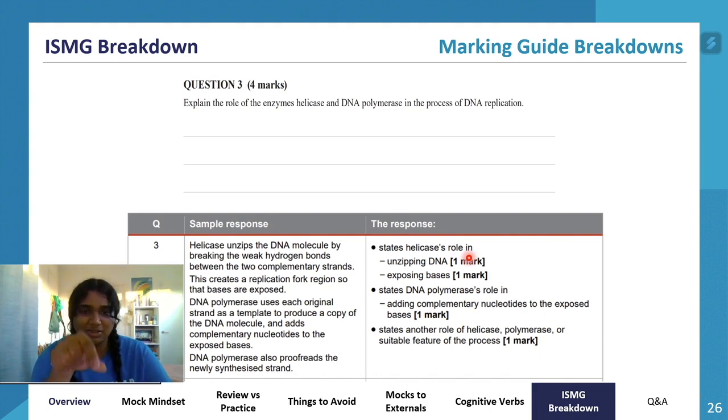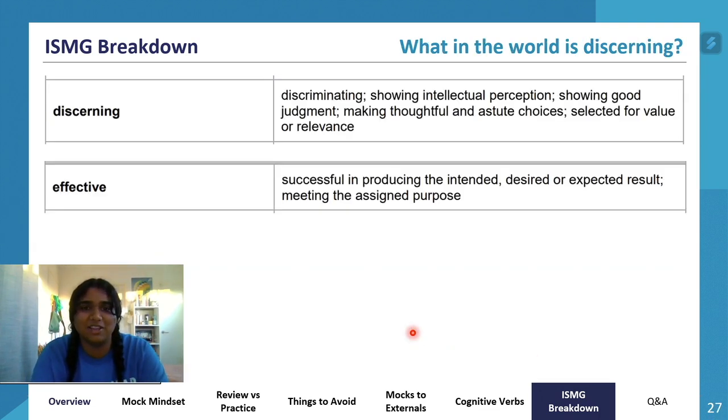But then with DNA polymerase, which is another enzyme, if you had said added complementary nucleotides to the exposed bases, that's 1 mark, right? And that's a pretty easy mark to get. But the entire other mark from the question comes from any random fact about helicase, polymerase, or the process. So sometimes QCAA has these super specific marks where you need very specific words to get them, and others are super general like this.